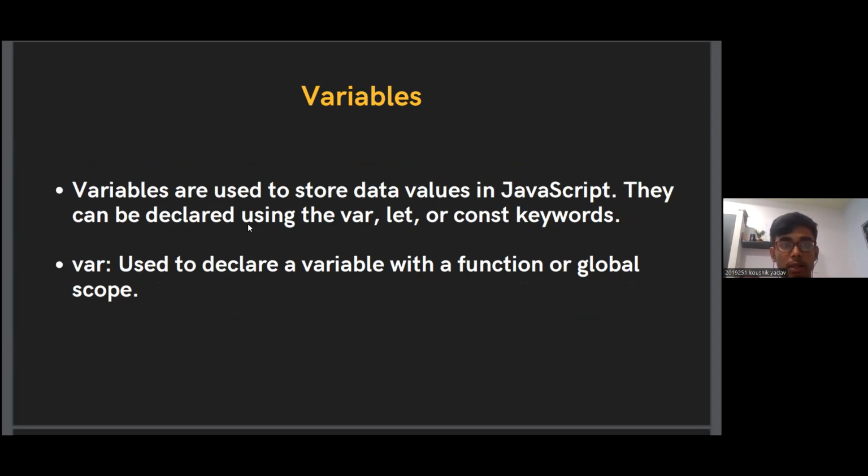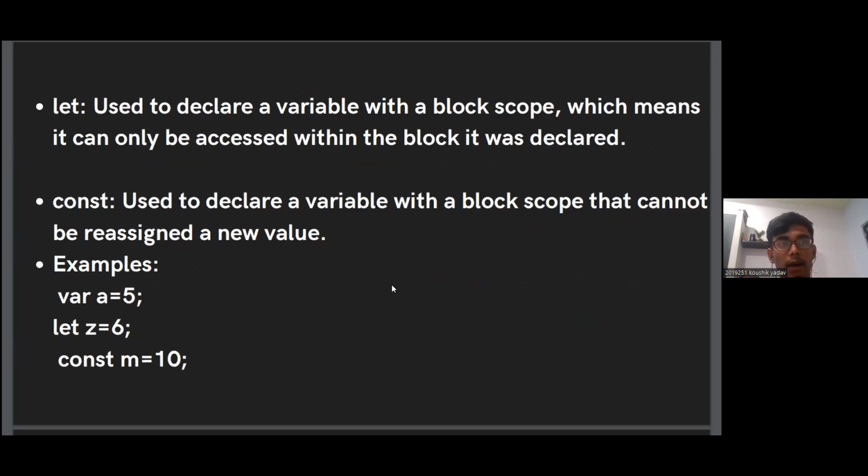So here are the variables. Variables are used to store data values in JavaScript. They can be declared using the var, let, and const keywords. var is used to declare a variable with function or global scope. let is used to declare a variable with block scope, and it can only be accessed within the block where it was declared. const is used to declare a variable with block scope that cannot be reassigned a new value.